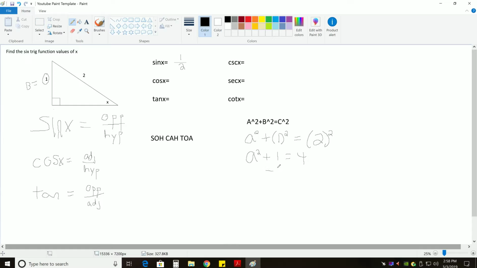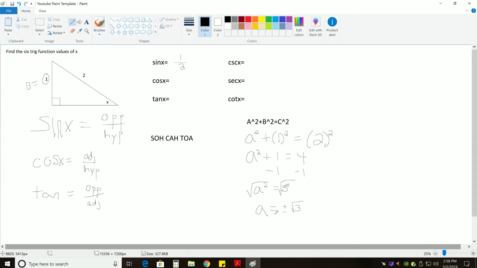Now if we subtract 1 from each side, we get a squared equals 3. And now finally, to get a by itself, we'll take the square root of each side to get a equals plus or minus the square root of 3.